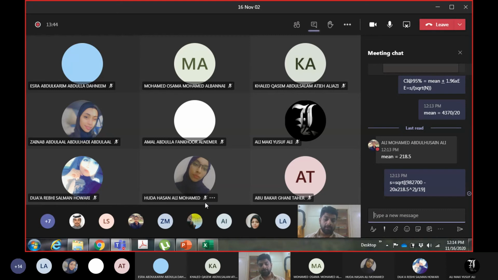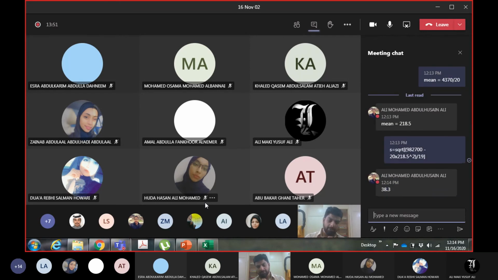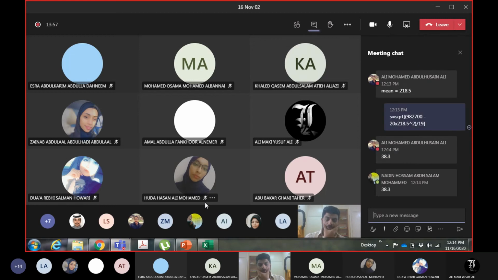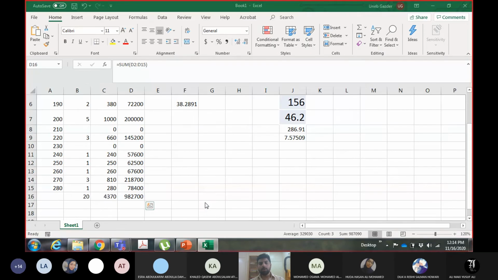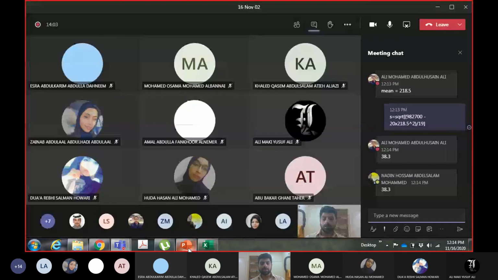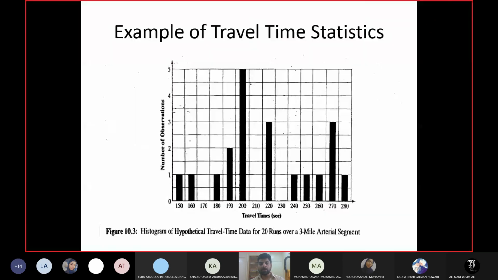Yeah, the standard deviation, how much is it? 38.3 seconds. Okay, so this is how you can calculate the mean and standard deviation using the frequency distribution bar chart.